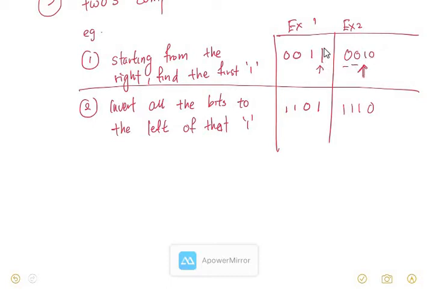Similarly, when I found the first 1 from the right, these 3 values I change. The next example: 0, 1, 0, 1. This is the first 1 from the right, so this one I copy down and the others I change. So 1, 0, 1. I change these 3.